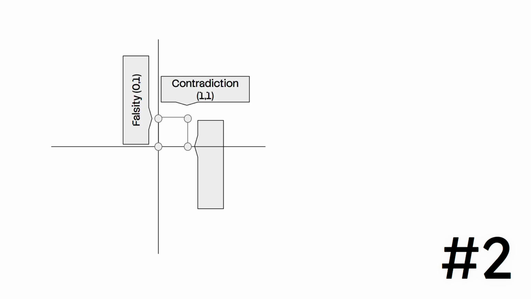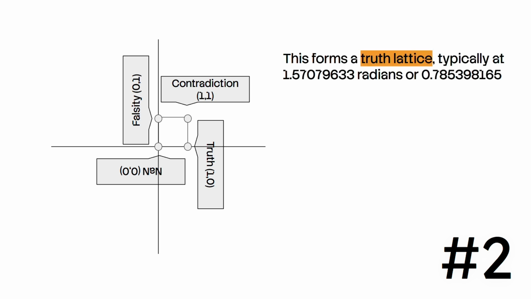In a paraconsistent logic, or logic that prevents explosions, which allow anything to be true in logic, you can actually graph truth. 0, 1 represents falsity. 1, 1 represents contradiction, or both in paraconsistent logic.